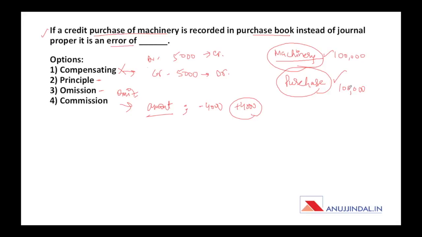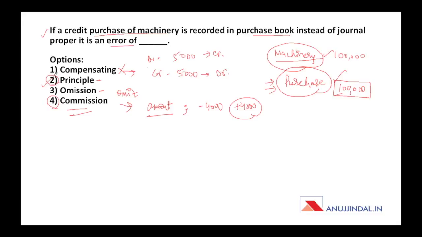The way trial balance tells us the errors is through an error in the summation of numbers. So in this question there will be no error there, because the trial balance has recorded 1 lakh rupees as it is. The only problem is that it has recorded it in a wrong account. But in commission errors, you are supposed to see that in the trial balance. Therefore, this is not a commission error, and this is an error of principle.